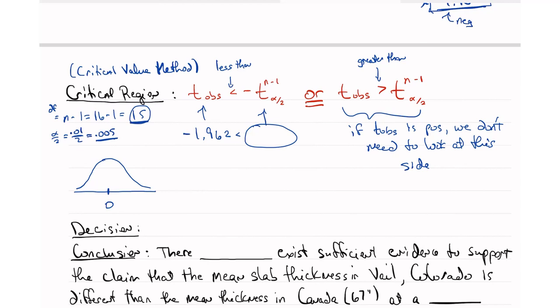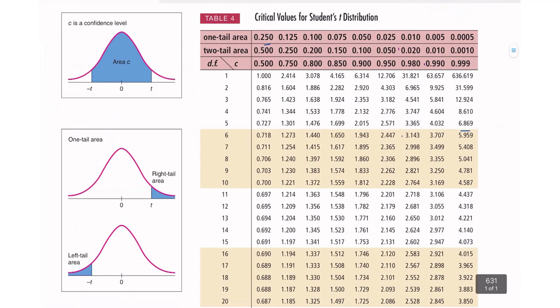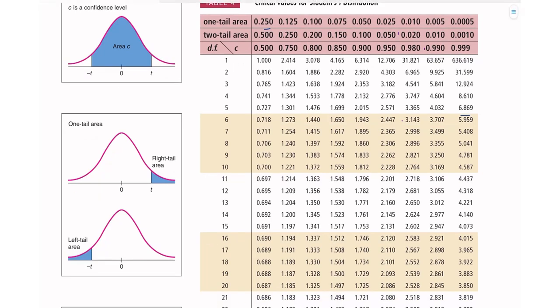With this chart, it's nice because I can find this a lot easier because of this third row down here. Okay. So I need 15. Now, if I want to look at this one-tailed area, this is going to be alpha over 2.